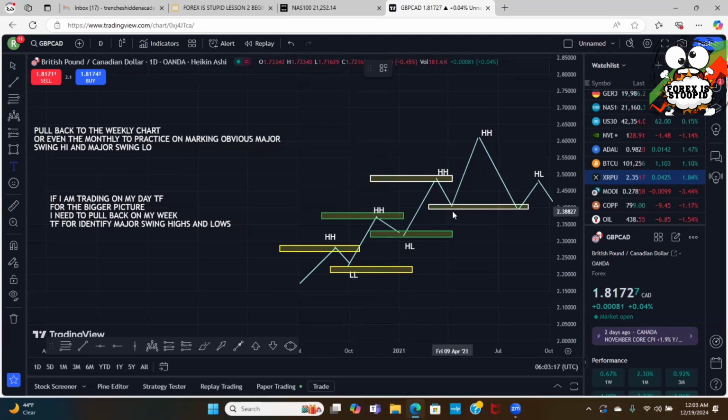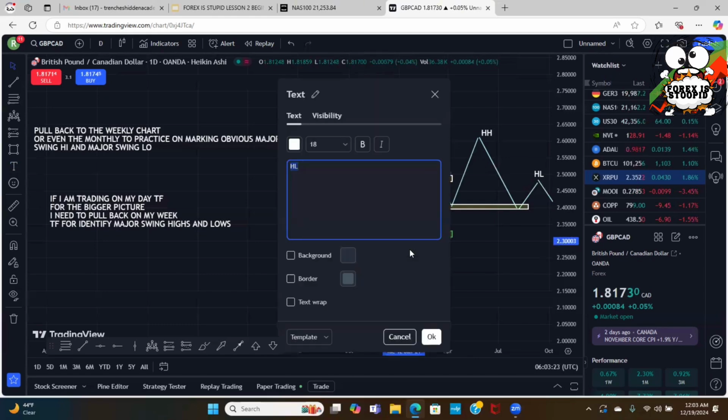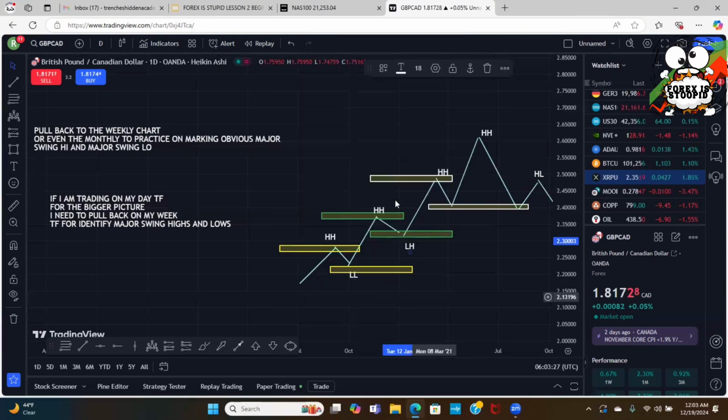But I know they put low high because they have the lows first. And this would be a lower low.